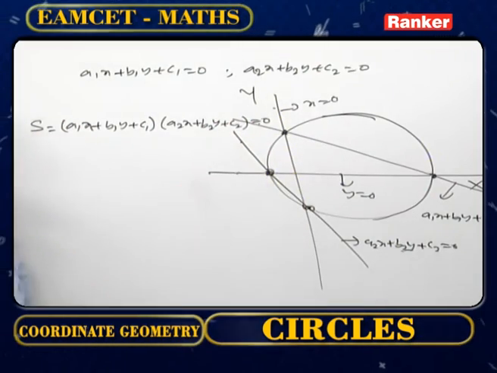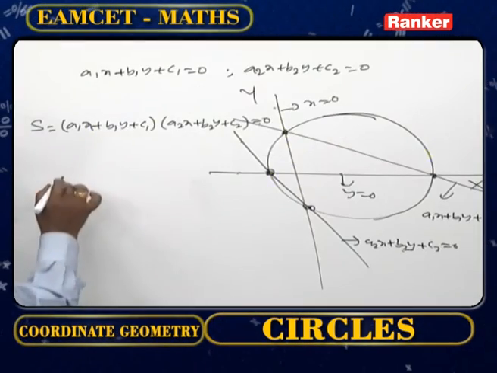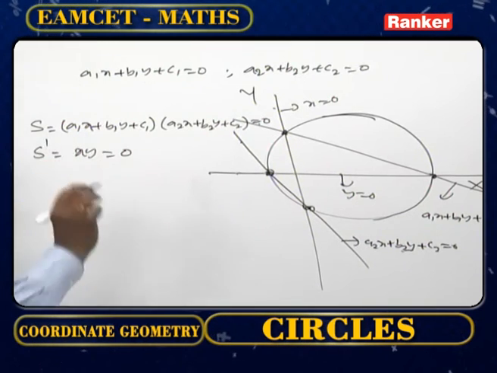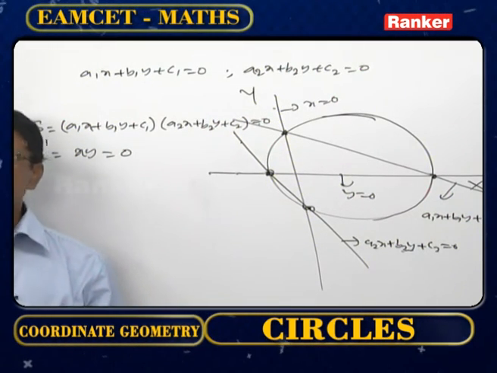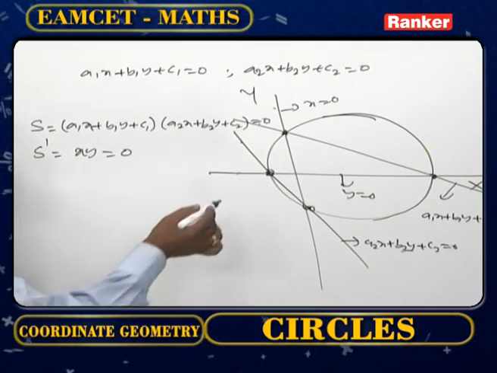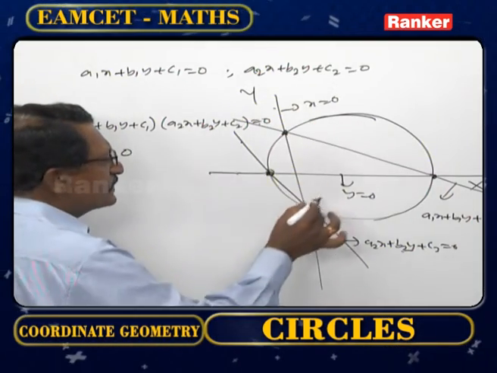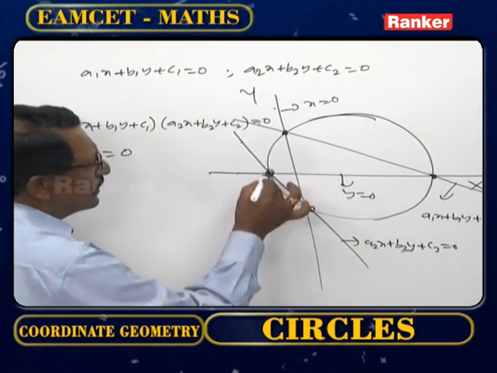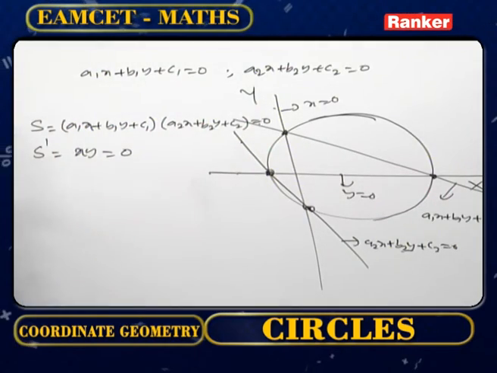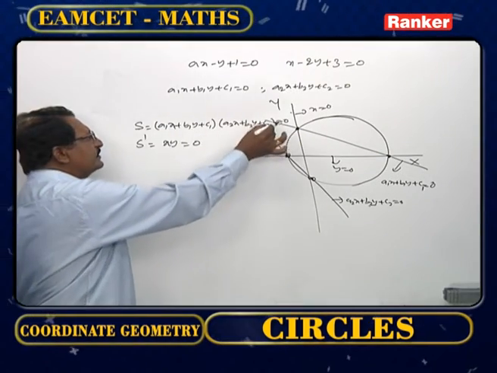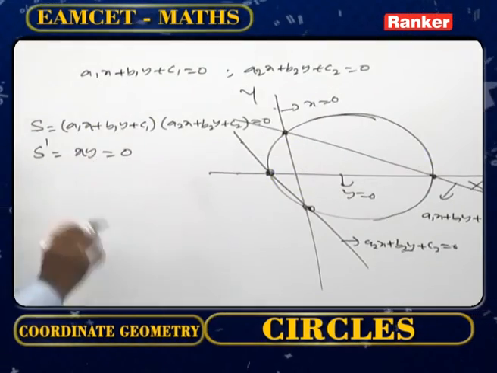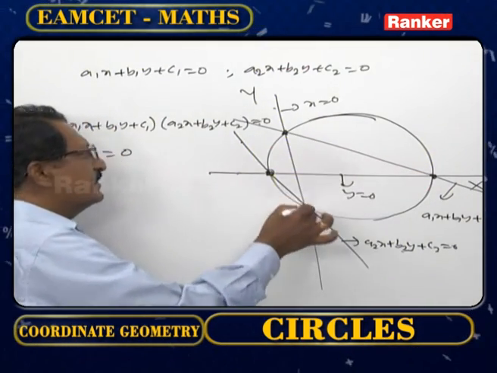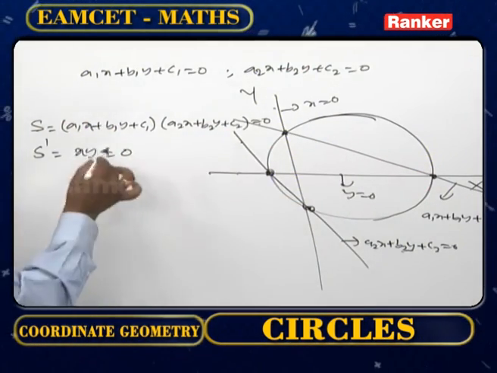The combined equation of the coordinate axes is xy equals to 0, consider it S dash equals to 0. Now the required circle passes through the points of intersection of S equals to 0 and S dash equals to 0.